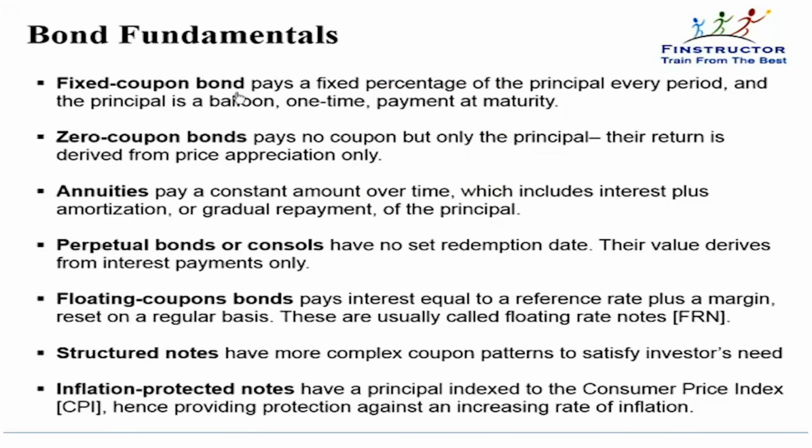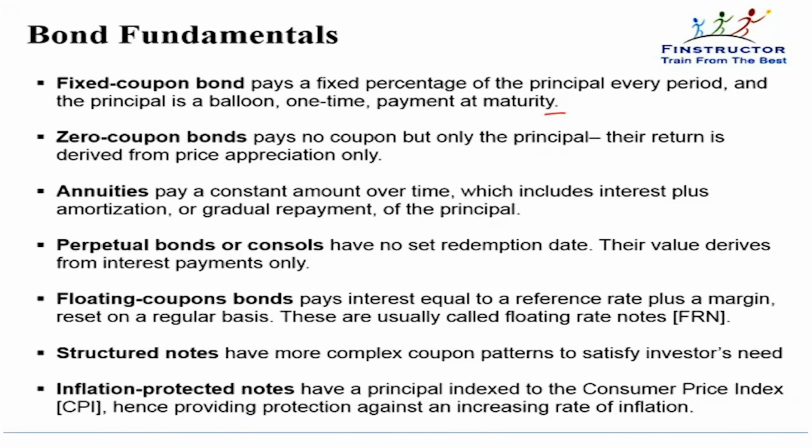The fixed coupon bonds are the bonds that we just discussed. They pay a fixed percentage of the principal every period, which is called a coupon, and they also repay the principal, that is a one-time payment at maturity. Zero coupon bonds, as we'll see, pay no coupon. They only return the principal at maturity, and hence they trade at a discount.